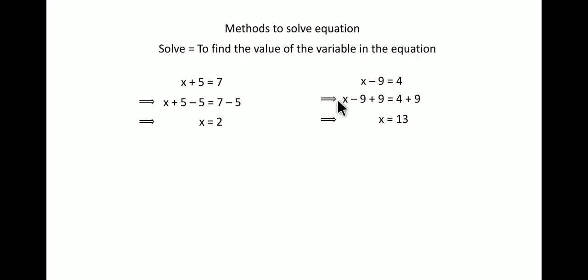Because whenever you are writing the next step of the equation, if you write equals to over here, then there is an equals to sign used already in the given equation. So you cannot write equals to several times. Here we have to write this arrow sign, and the meaning of this arrow sign is called the implies sign.